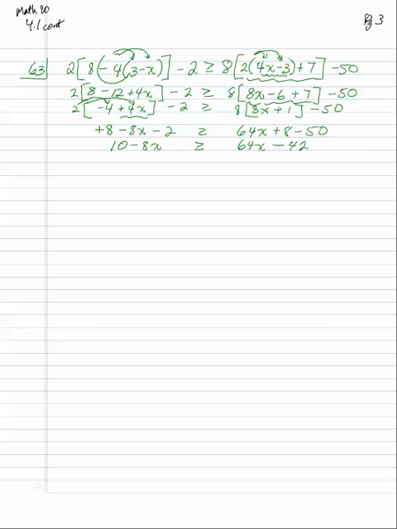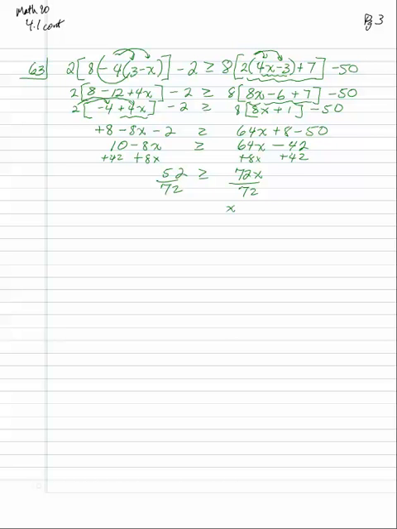Combine like terms. Now I'm here. So now let's see when I get all the x's on the same side. So that's 72x. I'm going to get rid of these numbers. So that's 52. Then I'm going to divide both sides by 72.